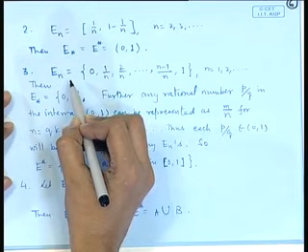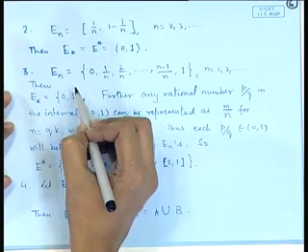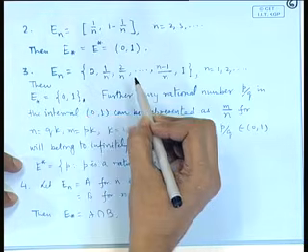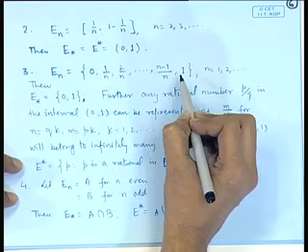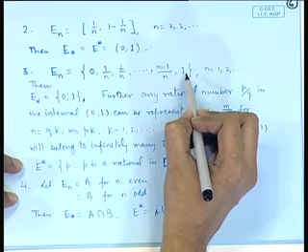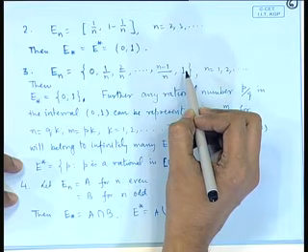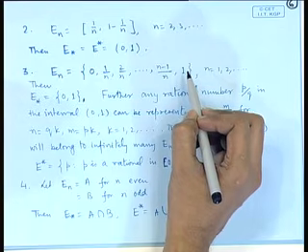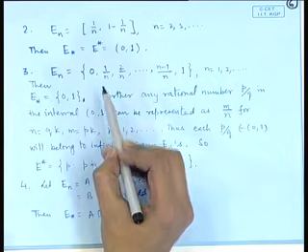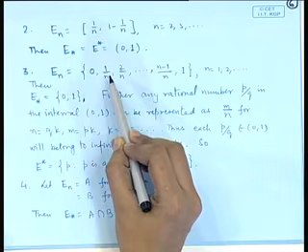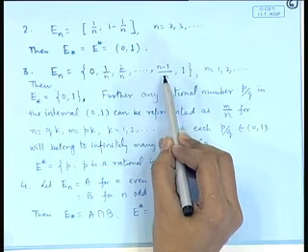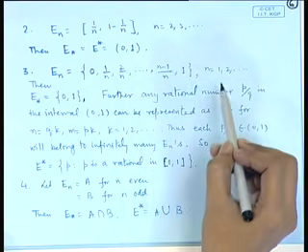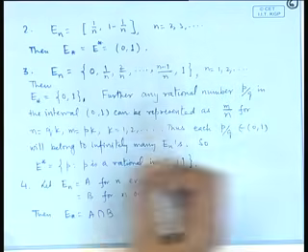Now, I will give one example where the set E n has a finite number of points, and here E lower star and E upper star are different. Consider the set E n given by 0, 1 by n, 2 by n, up to n minus 1 by n, and 1, for n equal to 1, 2 and so on.